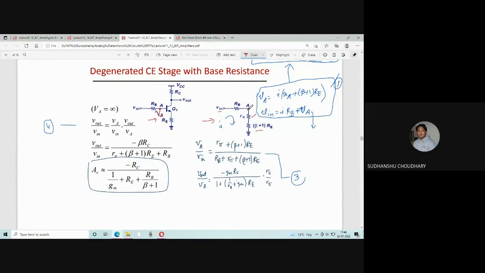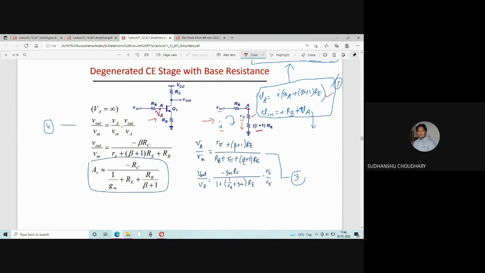So VA, that is drop across this portion, would be simply equal to the current through this multiplied by R pi plus beta plus 1 RA, right? Let us say the current is I. So one can write VA as I, current through this, multiplied by R pi plus beta plus 1 RA.